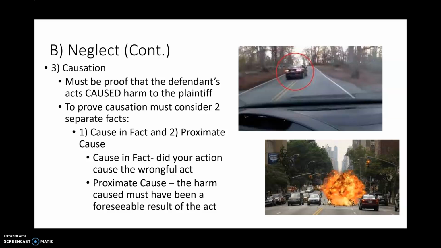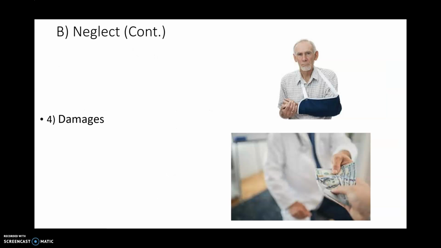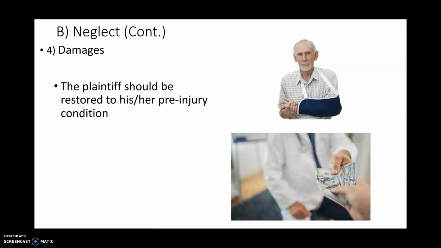Now, I want to move on to the fourth piece of negligence. For the fourth piece, you have to be able to prove damages, that this one person was harmed by another. The damages can take several different forms. Some are more tangible than others.